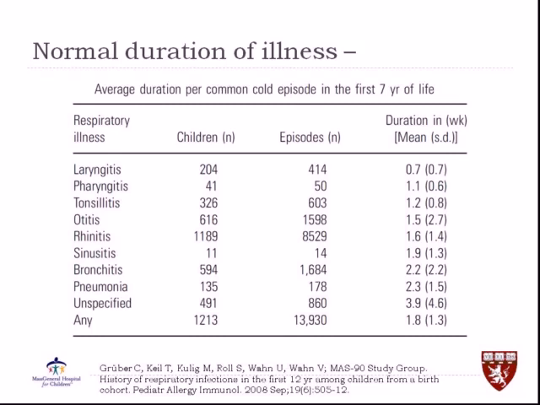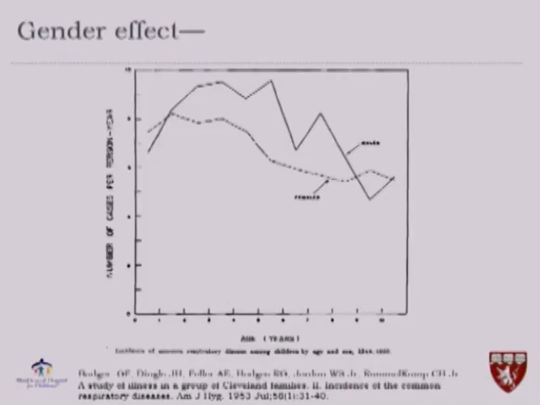So good news for the parent, your child is going to be sick 5, 6, 7, 8 times during the first 1 or 2 years of life, and each episode is going to last for 2 weeks, perhaps 3. So that feeling of my son being sick all the time is not an incorrect feeling. It's just that your child is sick all the time. Now, these are one of my favorite slides.